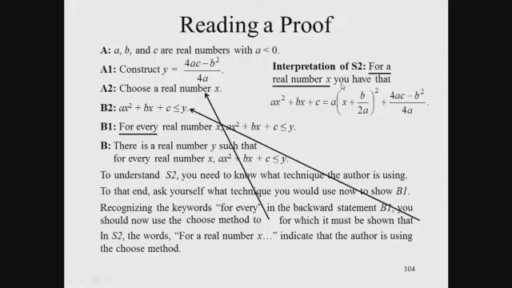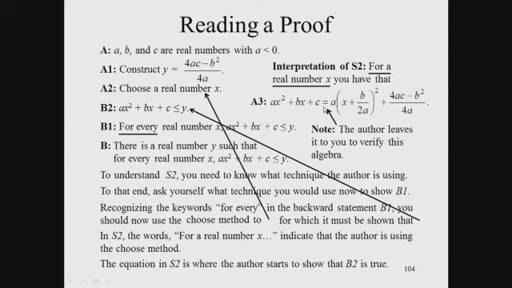When the author says, for a real number x, the author has chosen a real number x. And here, the author is starting to show that ax squared plus bx plus c is less than or equal to y. Ax squared plus bx plus c, the author claims, is equal to this expression here. In fact, the author leaves it to you to verify that this algebra is correct.